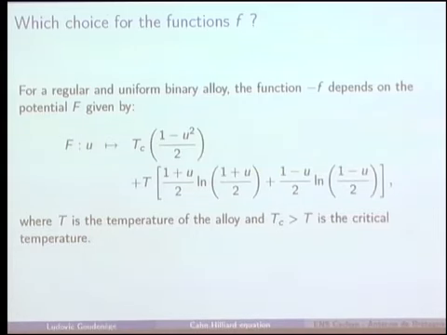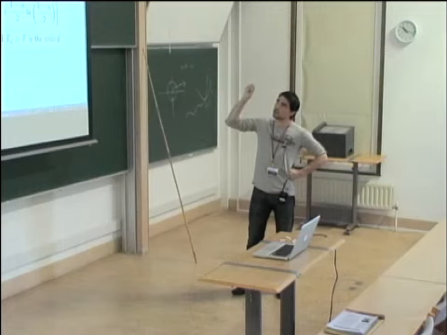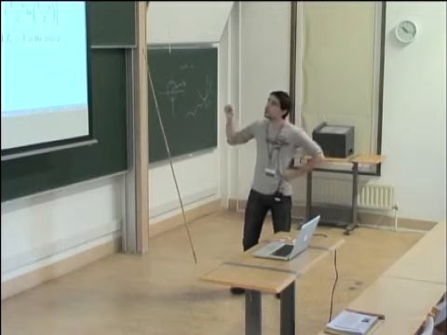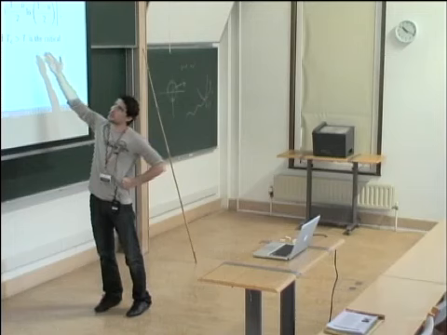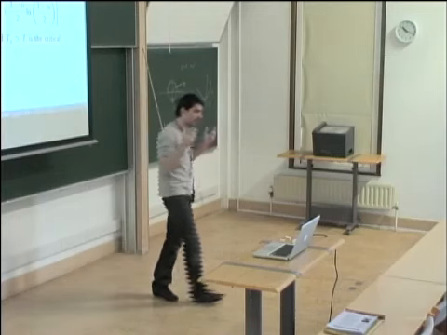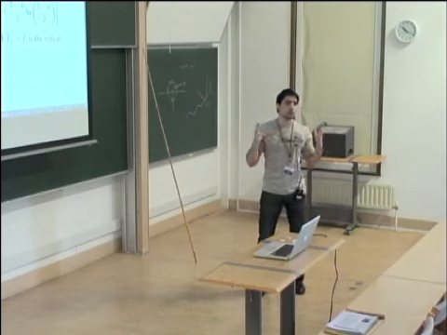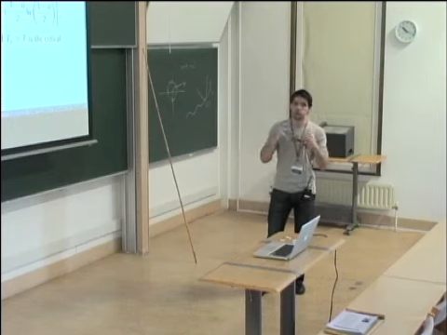Cahn and Hilliard tried to understand what the function f is. They found that the function should be the derivative of a potential. This is the potential which describes a regular and uniform binary alloy. So you have two parameters: the temperature of the binary alloy and the critical temperature, where the binary alloy is completely homogeneous.